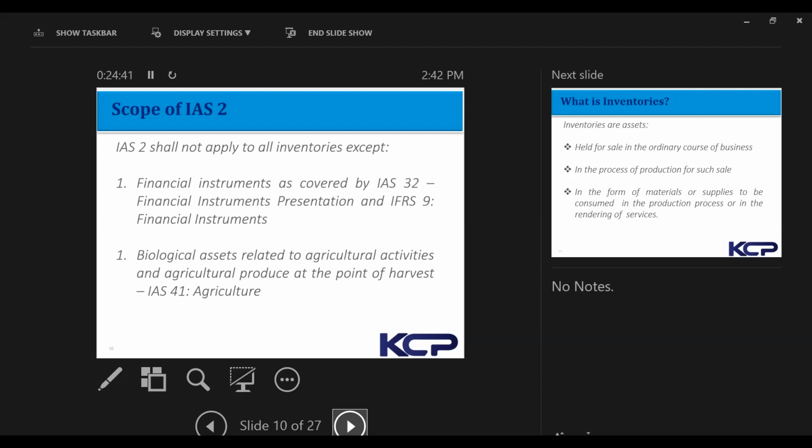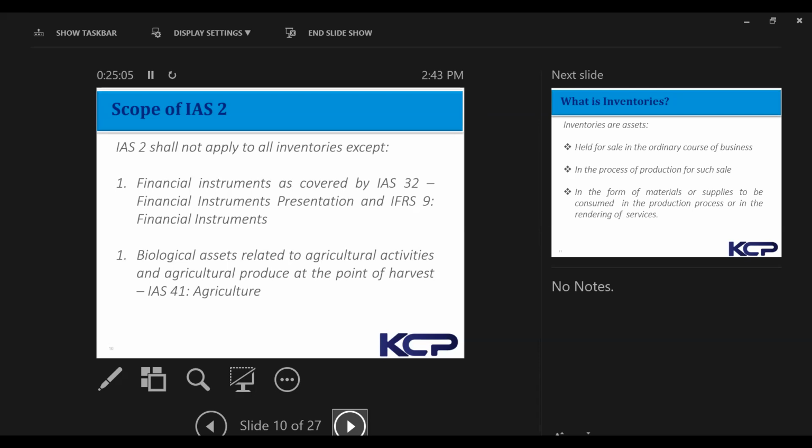So financial instrument presentations and that of IFRS 9, financial instrument itself, is not covered by IAS 2. There is nothing we'll be talking about in IFRS 9 and IAS 32 that will be making reference to anything as noted in IAS 2.